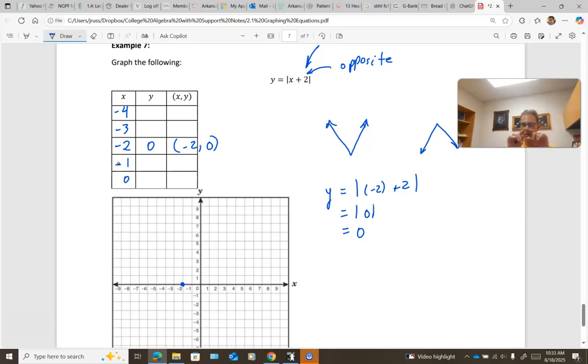If you remember what your number line looks like. All right, I'm going to do a couple of these by hand. So let's plug in -3 next. Okay. -3 plus 2 is -1. So this gives me the absolute value of -1. Well, the absolute value will make that a positive 1.